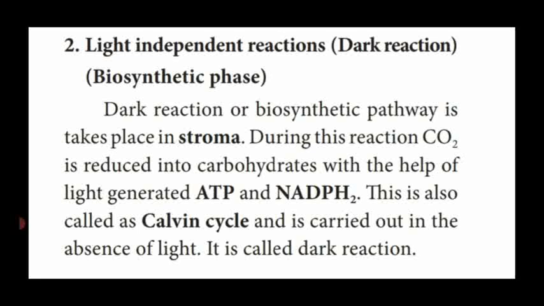That is the process of photosynthesis. This was first discovered by the scientist Melvin Calvin, so it is named the Calvin cycle. It takes place in the absence of sunlight, so it is otherwise named the dark reaction.